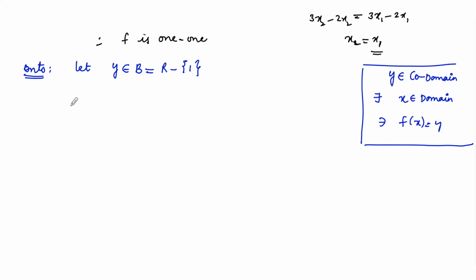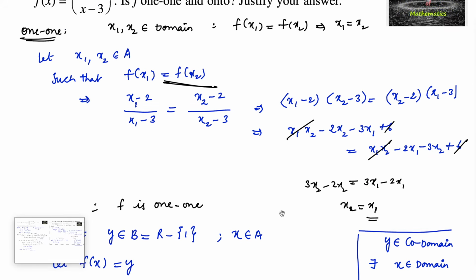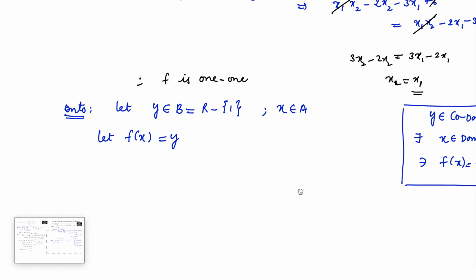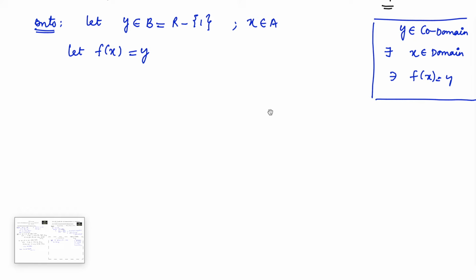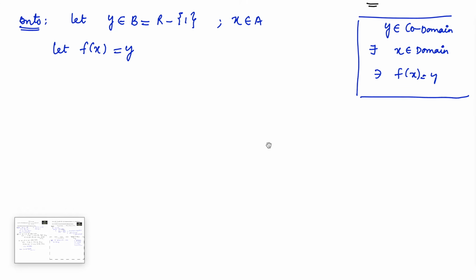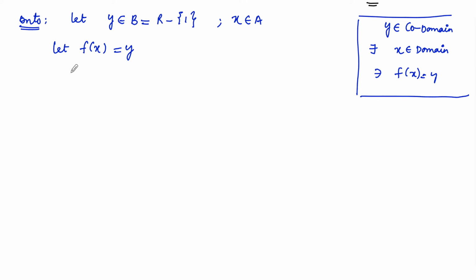So that let f of x is equal to y, where x belongs to the domain A, so that given function (x minus 2) upon (x minus 3) is equal to y.